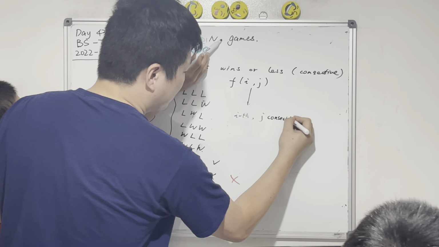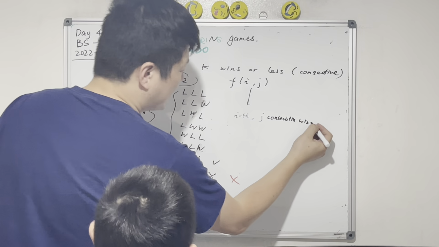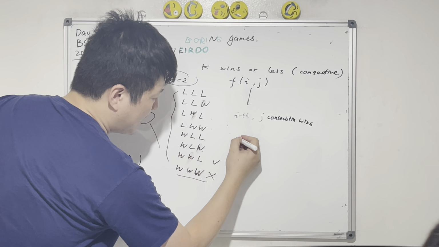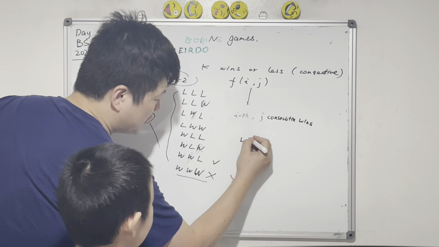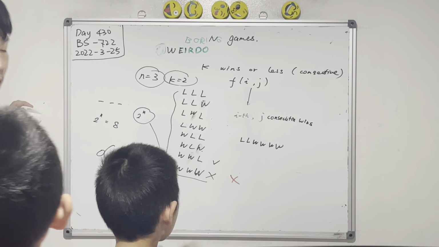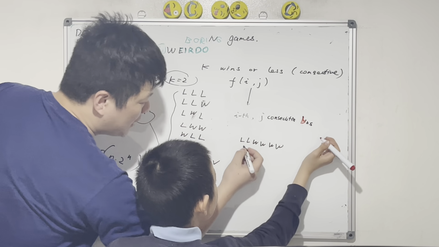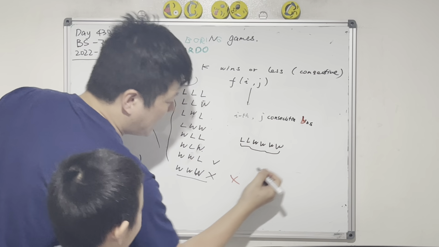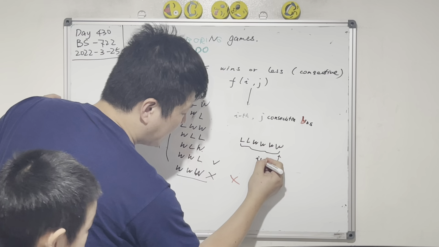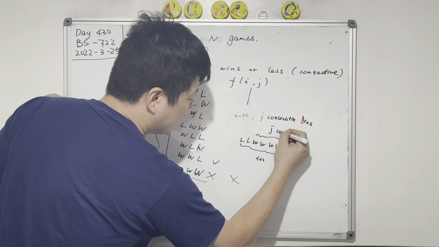So let's say I have played i games, and then we have j consecutive wins.